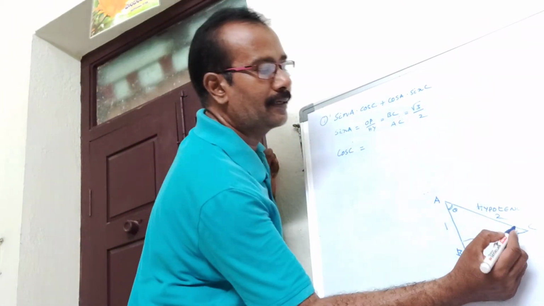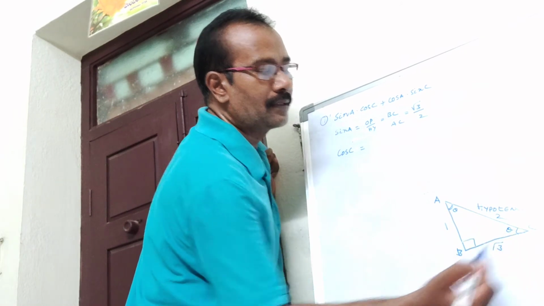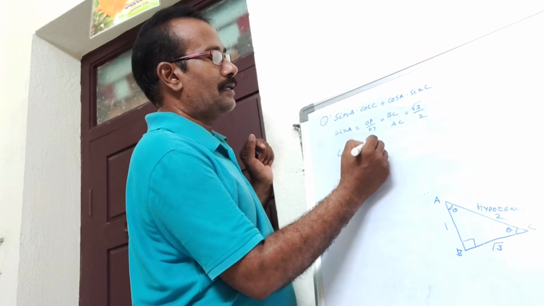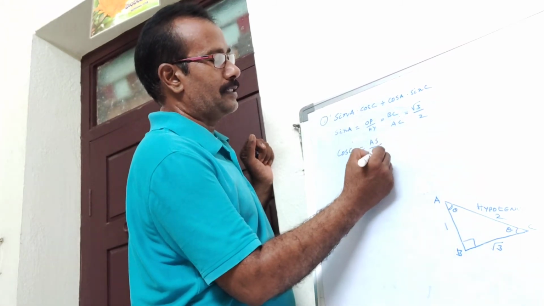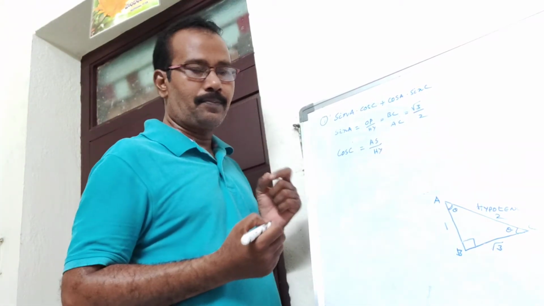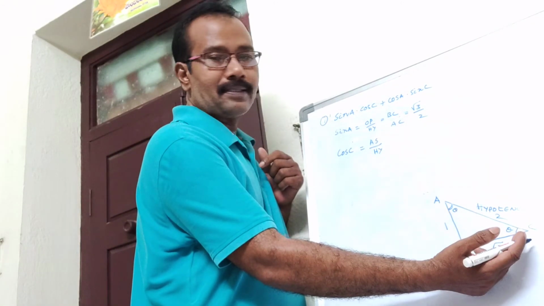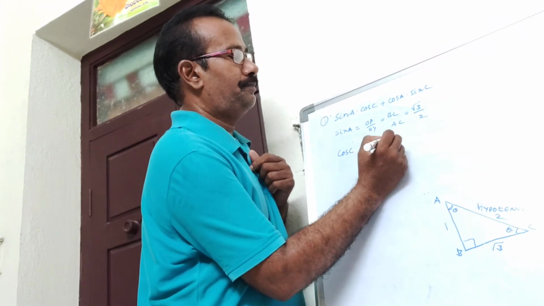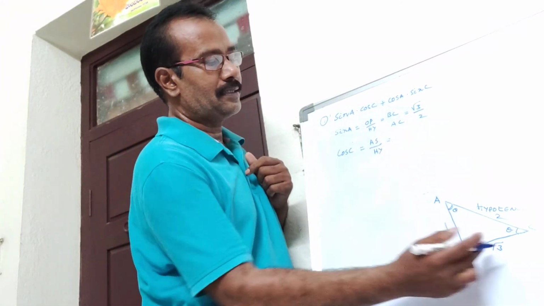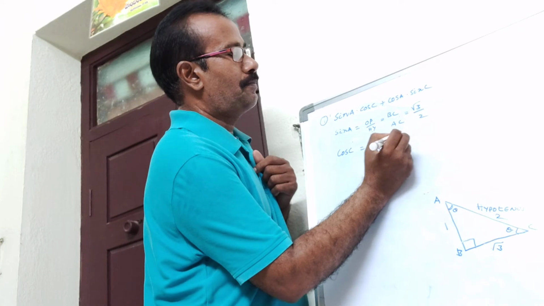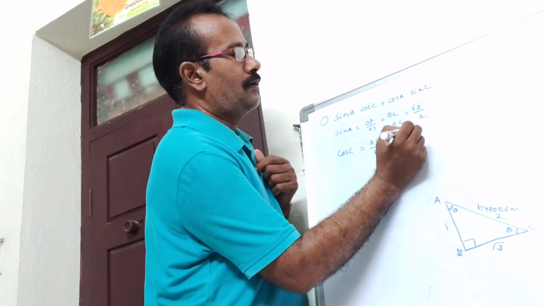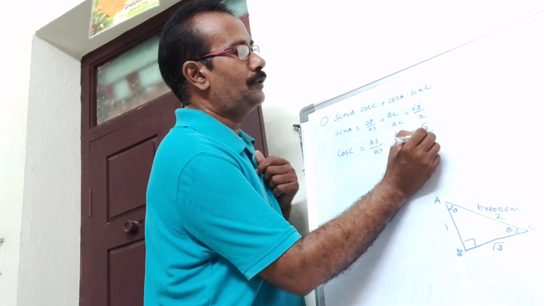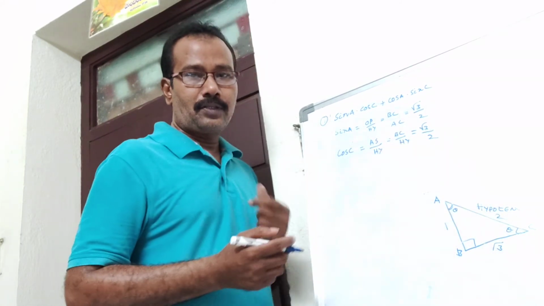Next cos C. Here we considered the angle at C. According to this, what is the formula for cos C? Adjacent side by hypotenuse. According to angle C, what is the adjacent side here? BC, root 3, by hypotenuse 2. We already calculated the hypotenuse by the Pythagoras theorem.